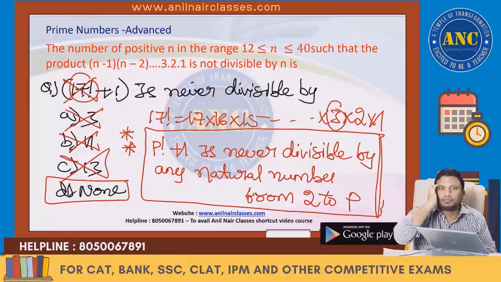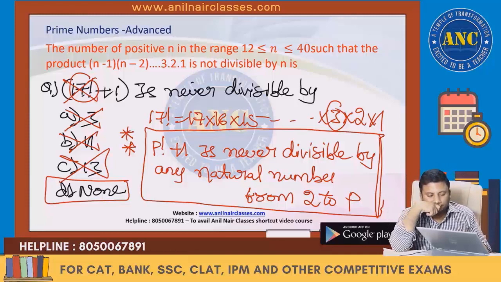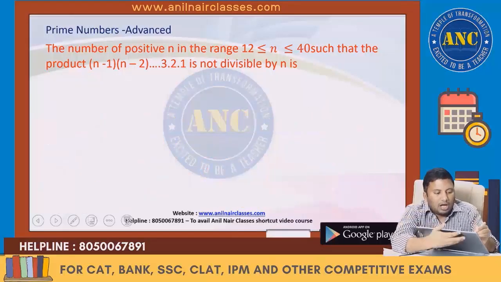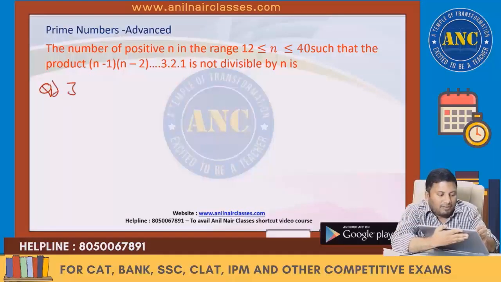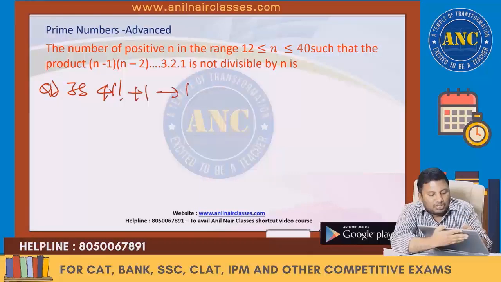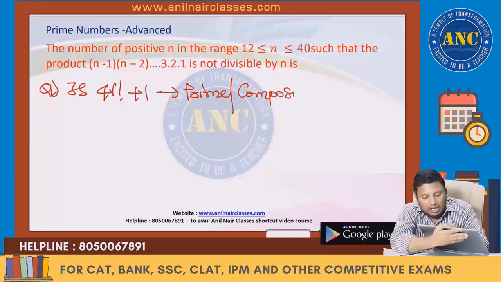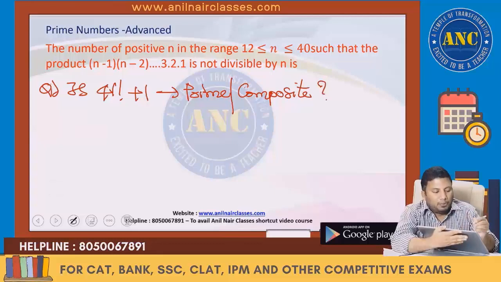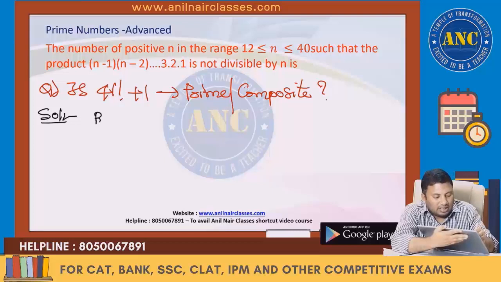Please write down, sir, another question: is 41 factorial plus 1 prime or composite? There is a beautiful theorem. By using that theorem, you can say that this is a composite number.